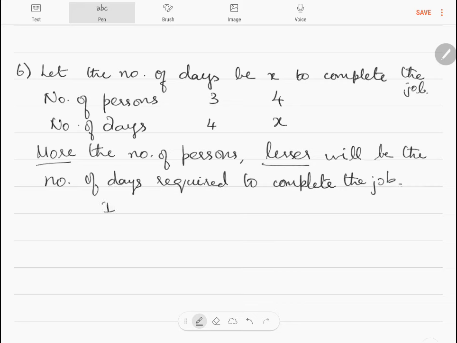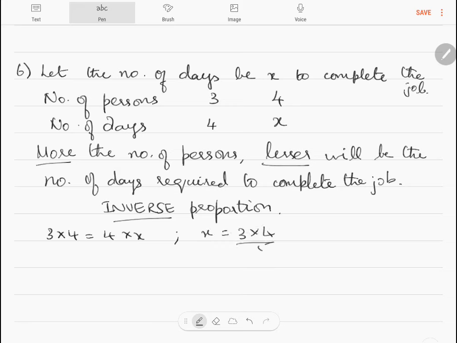Hence it is in the case of inverse proportion. So here 3 into 4 is 4 into x. X is 3 into 4 by 4, which is equal to 3.